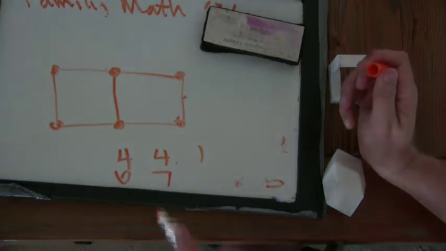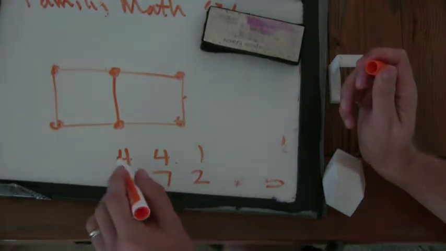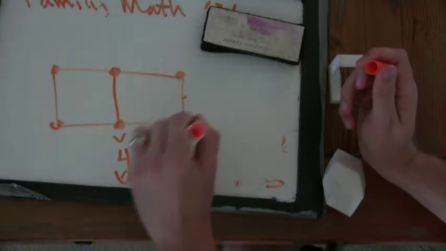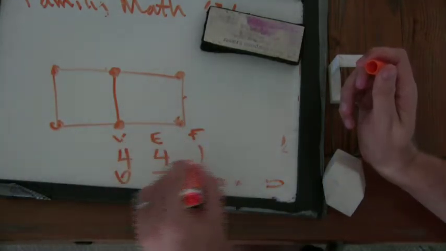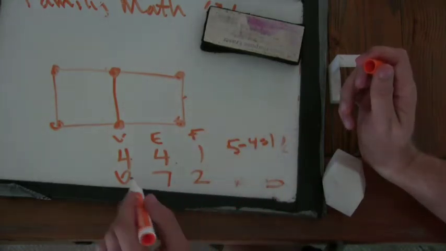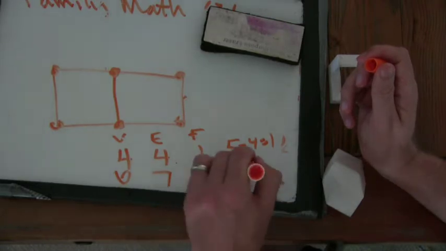Well, 2. Okay, so here we have vertices, edges, faces. So 5 minus 4 was 1 before. 8 minus 7 is 1.